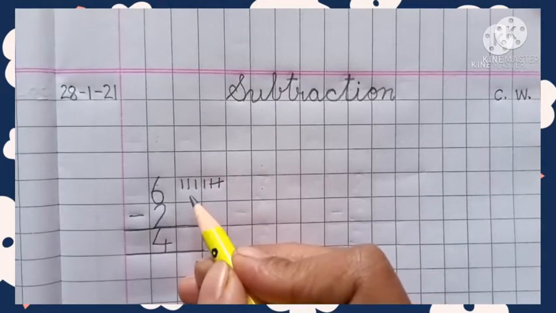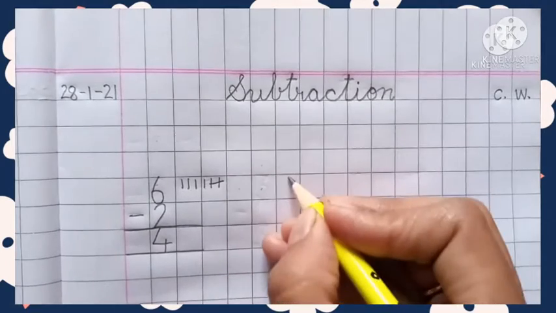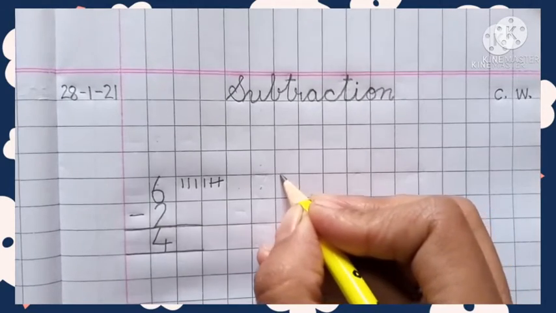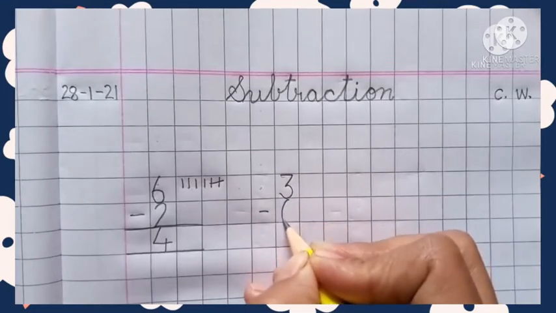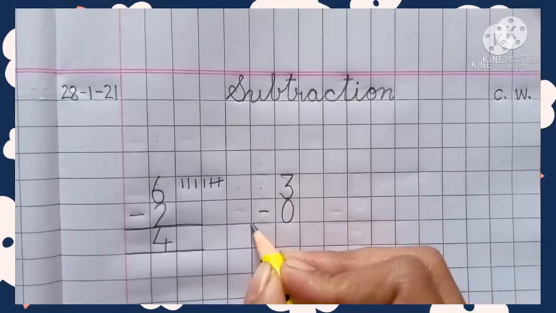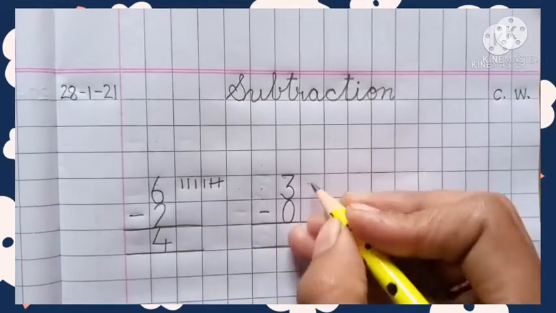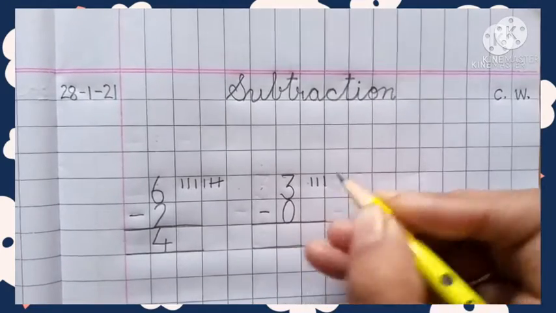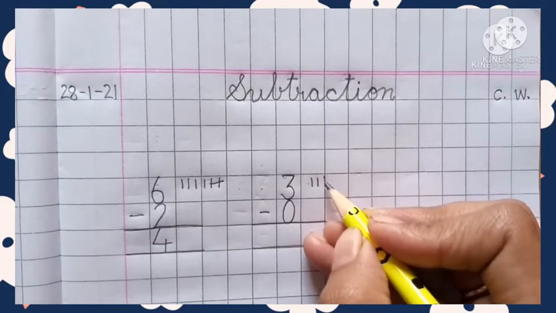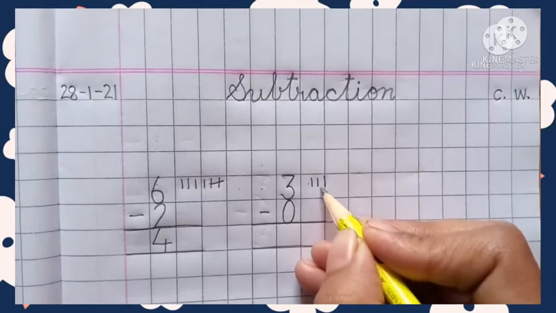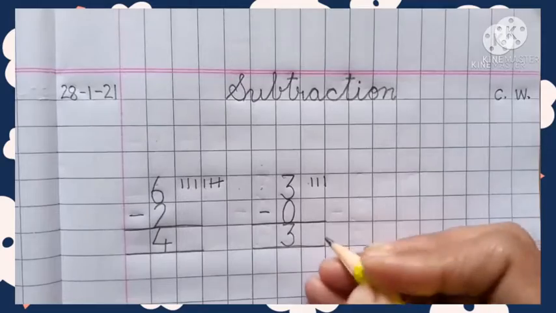Now leave 4 boxes and write from here. 3 minus 0. Draw 3 lines, and 0 is written here, so we will not cut any line. How many are left? 1, 2 and 3. We will write here 3.